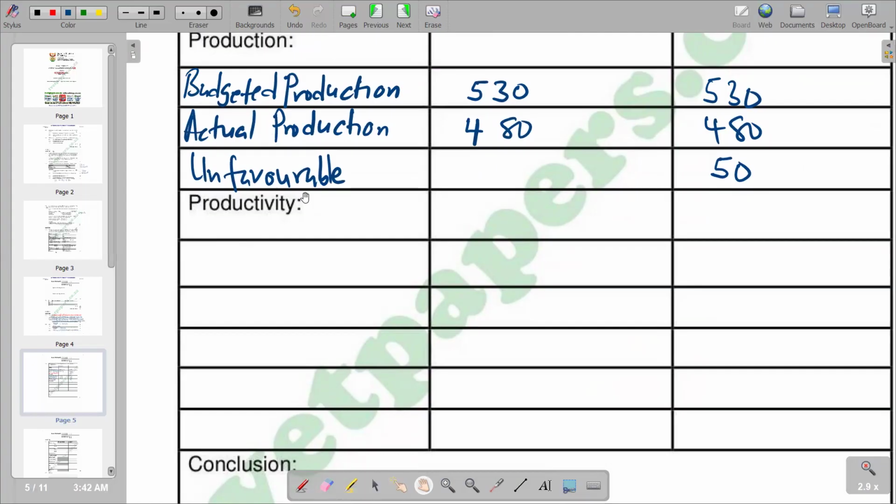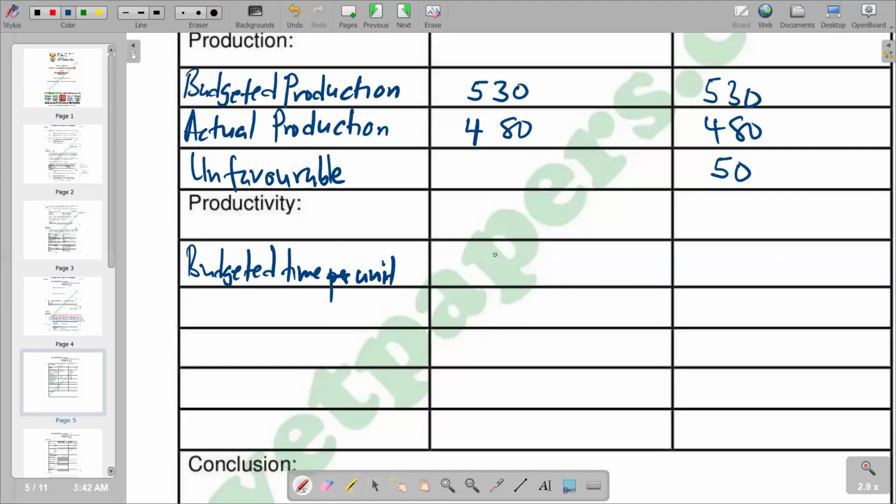So we are going to calculate budget time per unit, and then we also calculate the actual time used per unit. We compare it to budgeted time per unit. So if you can understand it from that perspective, the first one is budgeted time.